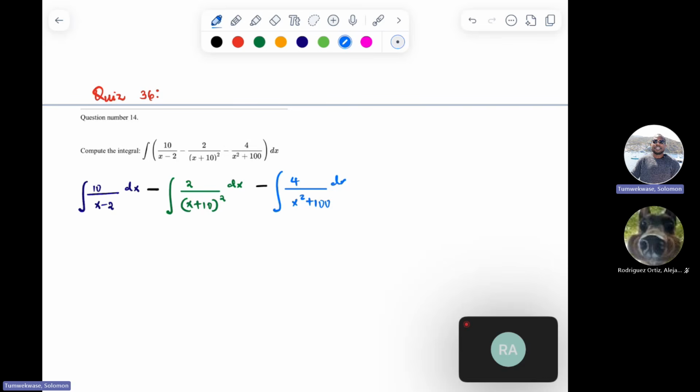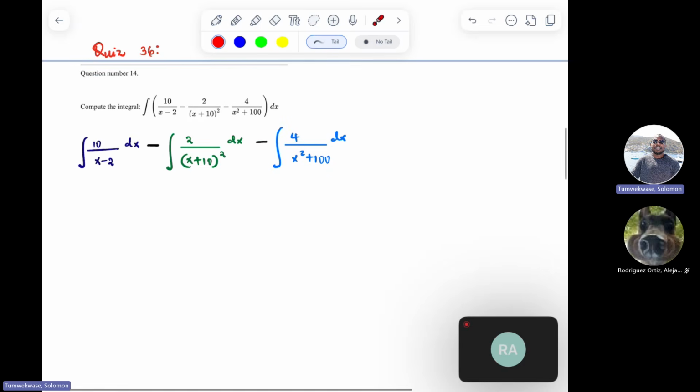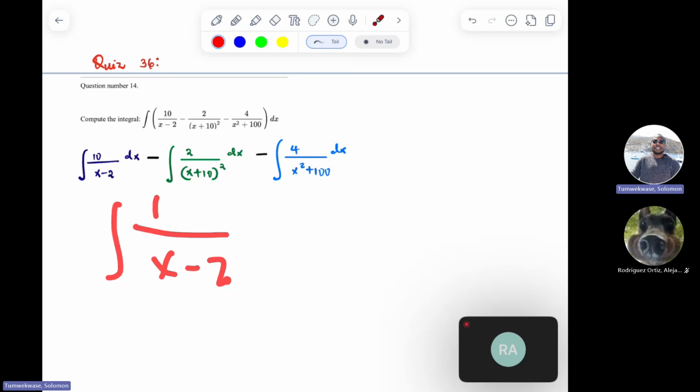Now, of course, if you really practice enough and you do so many questions, you realize that some of these integrals are really, really easy. For example, an integral of 1 over x minus 2 dx, without going through the whole of it, I'll see that this is just natural log of x minus 2.